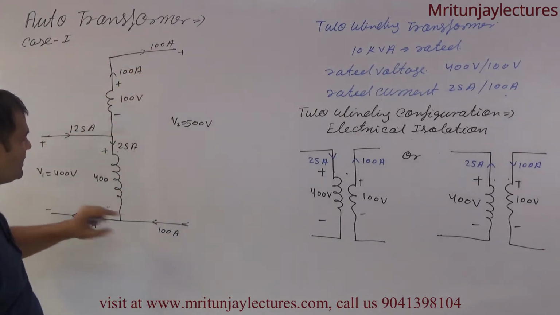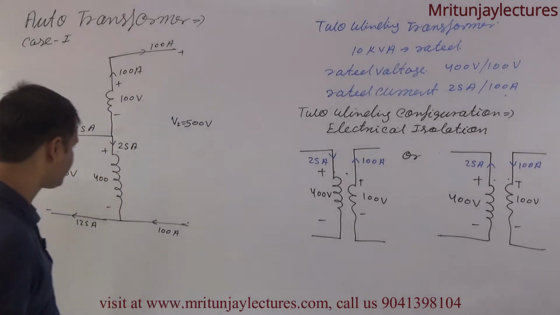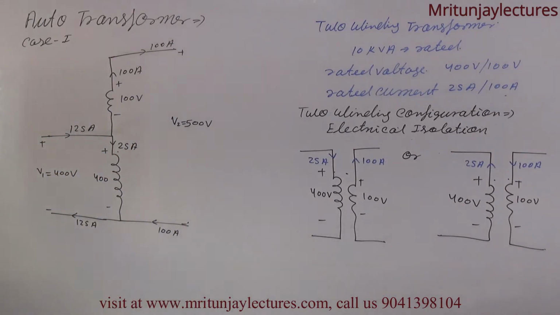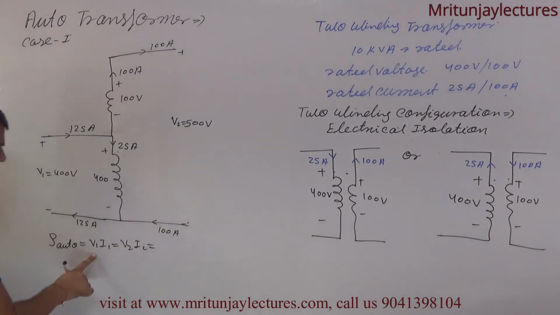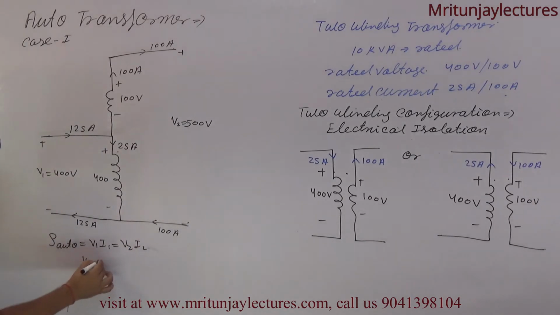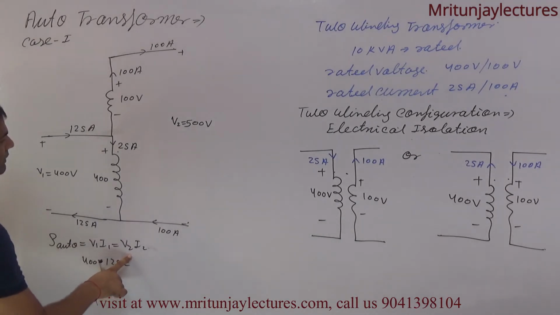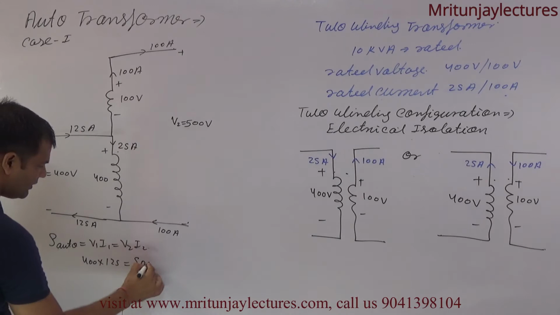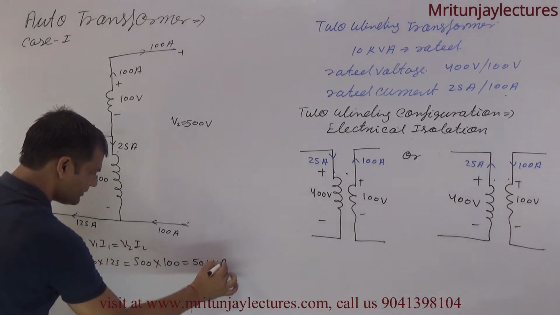This is auto transformer. Okay, now another way, S auto is written as V1 I1, this will equal to V2 I2. What about V1? V1 is 400 into I1 is 125, and V2 is 500 into 100, that is 50 kVA. Clear?